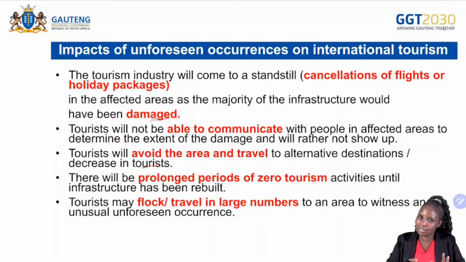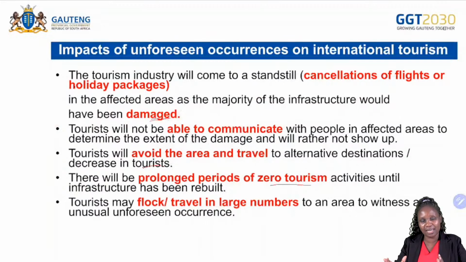If there is a decrease in tourists, there is a decrease in foreign revenue. And there will be prolonged periods of zero tourism activities until infrastructure has been rebuilt. For example, we're talking about areas that were affected by civil wars.